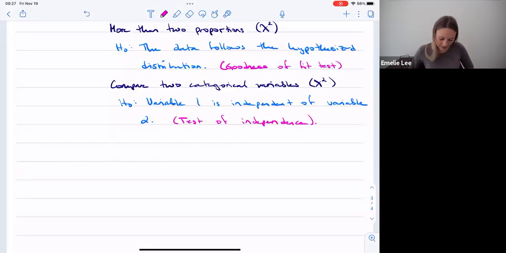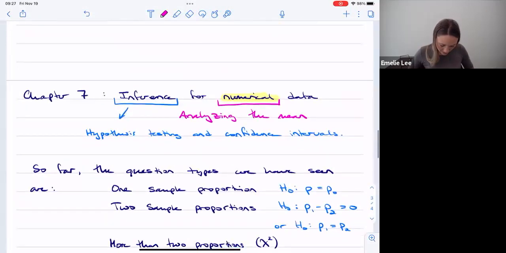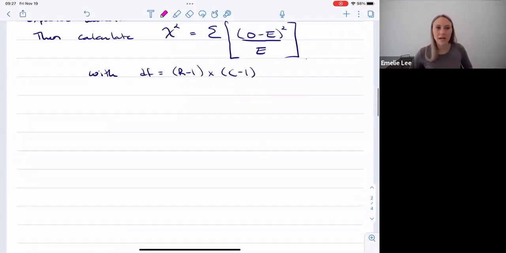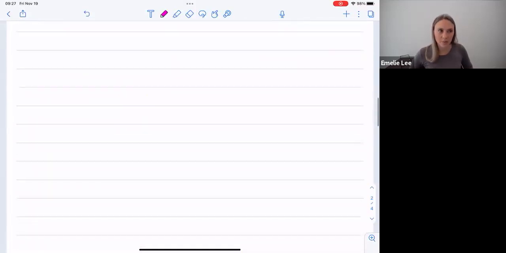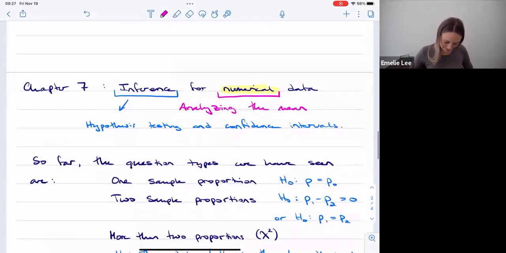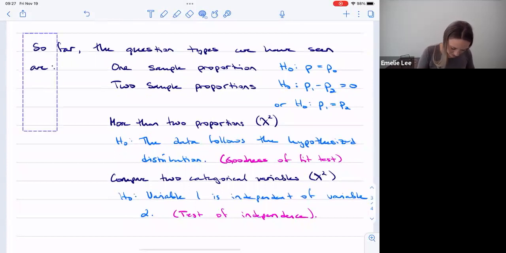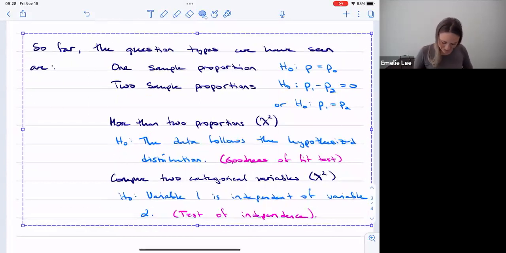Yeah, and you know what? I left all this blank space. How about I shove that list up above? Oh, now I cut it. Oh well.